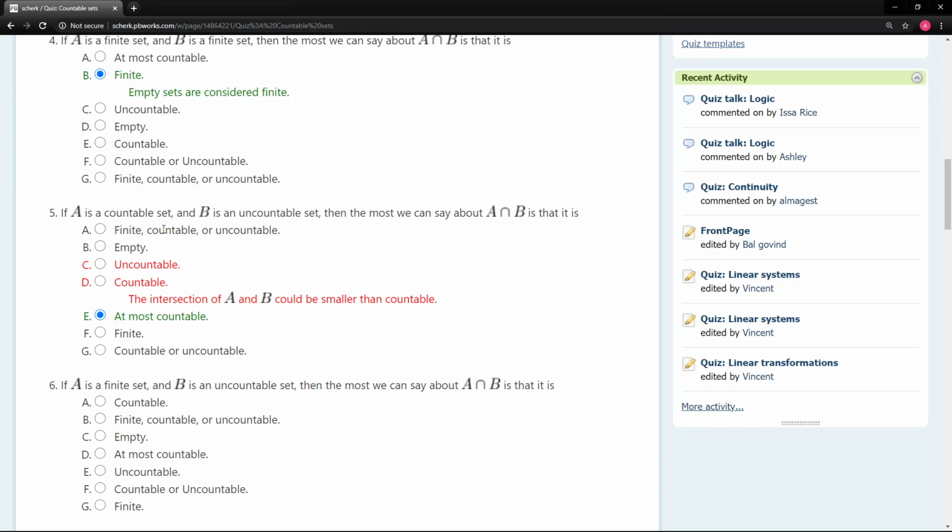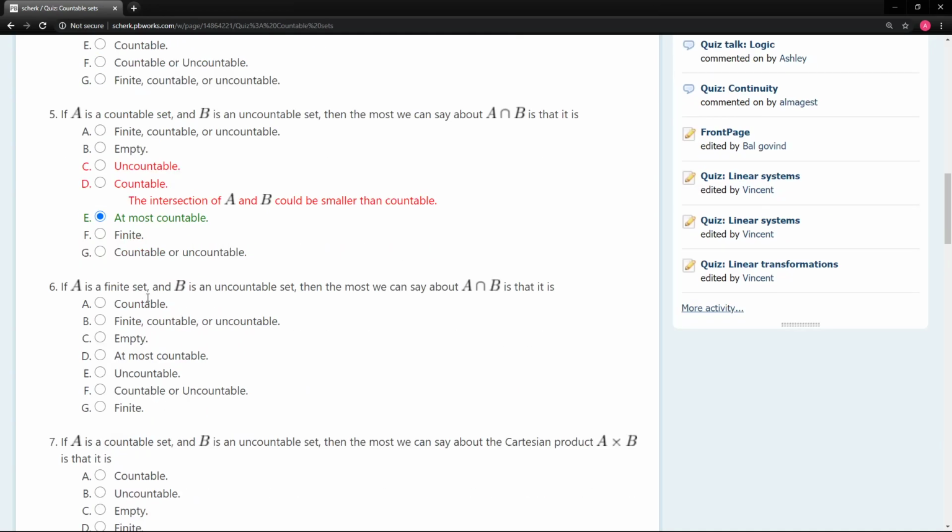You don't have the whole range. So at most it's going to be countable. You're intersecting, so all the elements that make it uncountable are going to go away. What you're left with is going to be a subset of the countable set, but that doesn't necessarily make it countable.